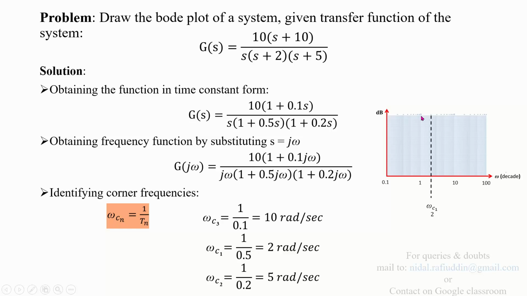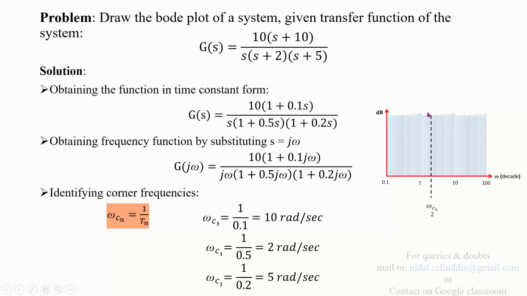If you mark this as 10, this becomes 20, 30, 40, 50. But since we have marked the initial point as 0.1, this becomes 0.1, this becomes 0.2, 0.3, 0.4, 0.5, 0.6 up till 1. Then we have 2, 3, 4, 5, 6 up till 10. Then we have 20, 30, 40, 50 up till 100, and so on.